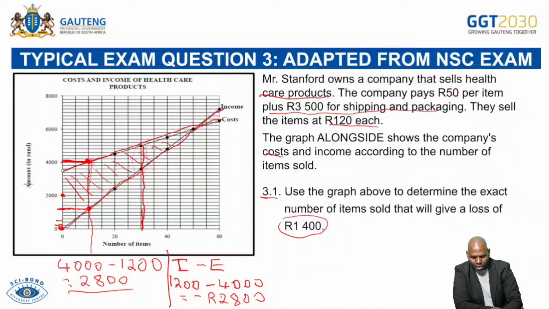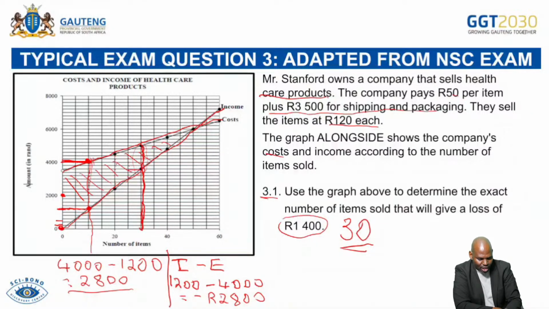Use the graph to determine the exact number of items. The exact number of items will be from this point, between 20 and 40. What is the halfway of 20 and 40? The halfway of 20 and 40 is 30. Or some of you might say, at this point at 30, what is the income?